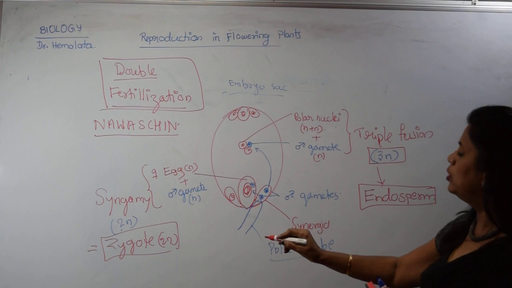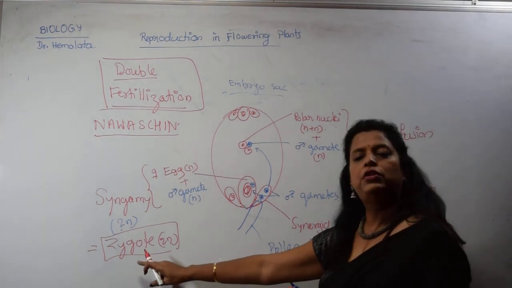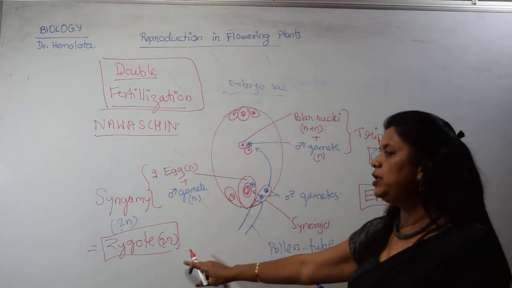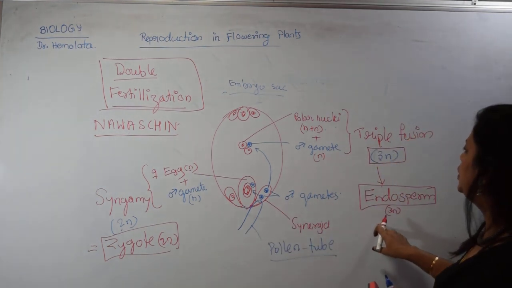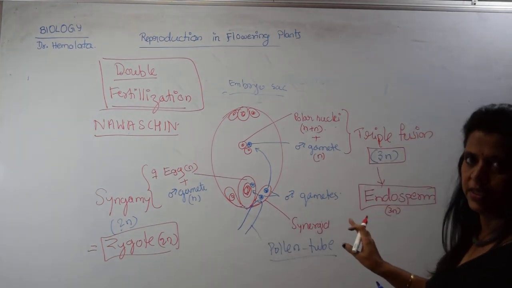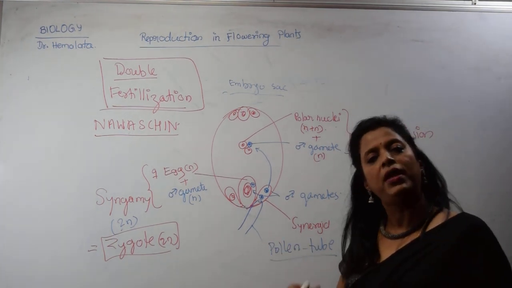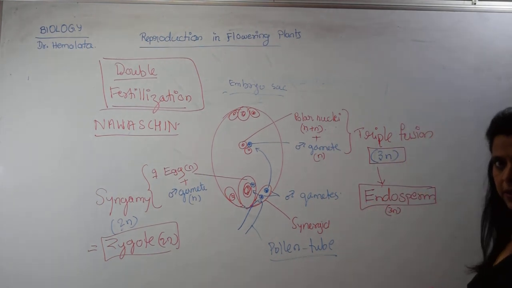So the end product is triploid in nature, while the zygote is diploid. The zygote is the future embryo produced at the end of syngamy, and endosperm is produced after triple fusion. So make this diagram perfect, then we will go to the next thing. Understand, draw and practice.